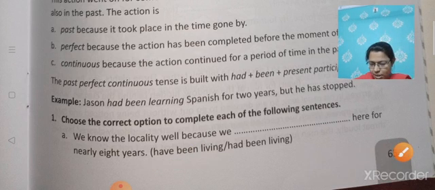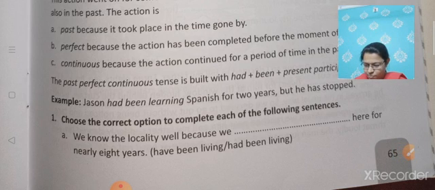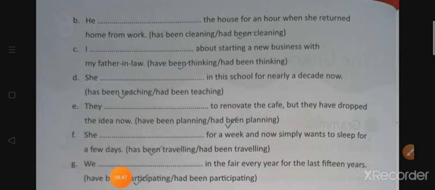Now let's see the second one. He dashed the house for an hour when she returned home from work. So here, this sentence is in past continuous.